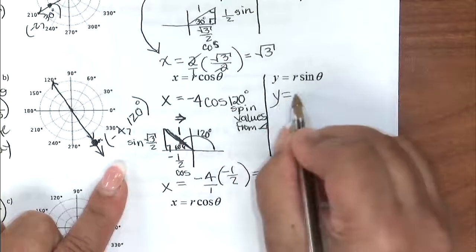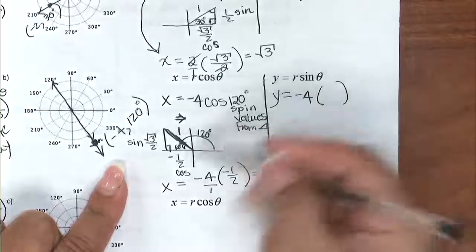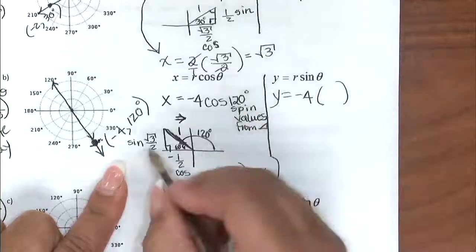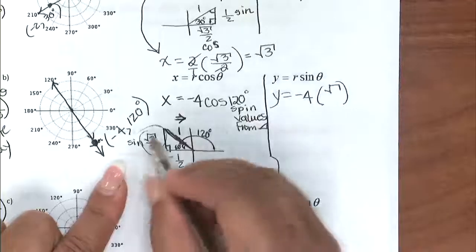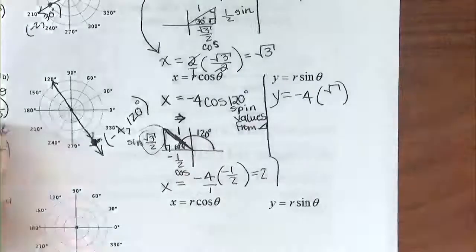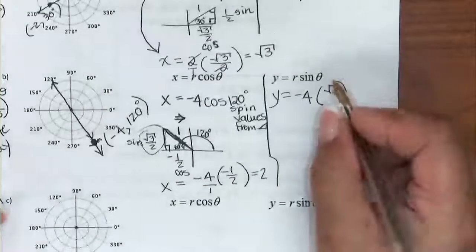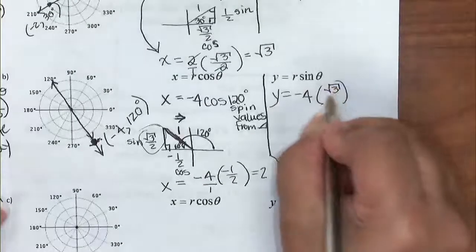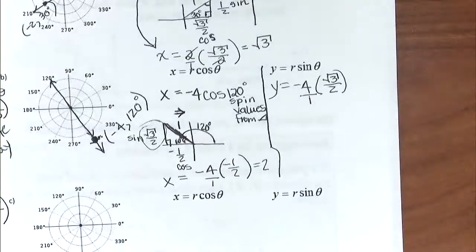Y. Do the R. Plug in the sine, which you already built the triangle that gives you cosine and sine. Sine is this piece right here. And it is positive in that, this is positive. The legs are one sign. Your final answer is not the same sign. It comes out whatever the formula turns it into, and the R value. Okay, don't forget that's 4 over 1. So basically all you're doing right here is 4 divided by 2, 2. And then tack on that square root of 3. And yes, it is negative.